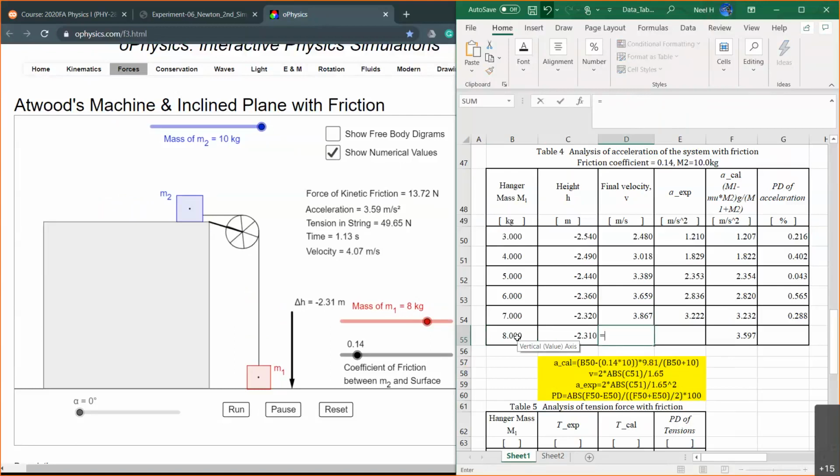Let's do the calculation of velocity. 2 times ABS parentheses height divided by the time 1.13, equal 2 times ABS parentheses height divide by time to the power 2, 1.13 to the power 2, and then check these two numbers. They should be very close to each other. Question.